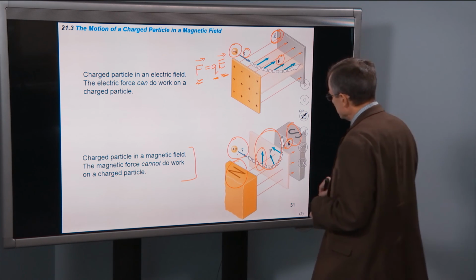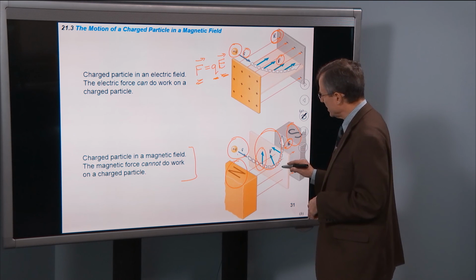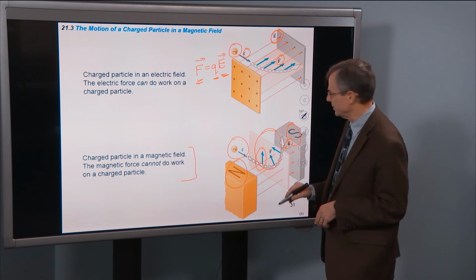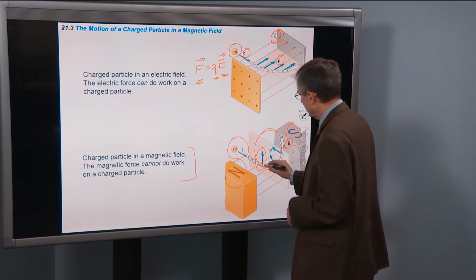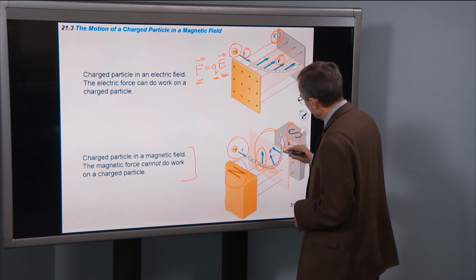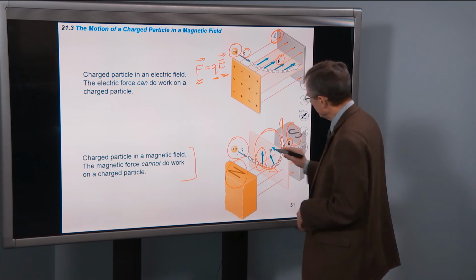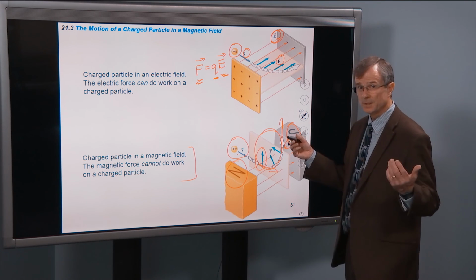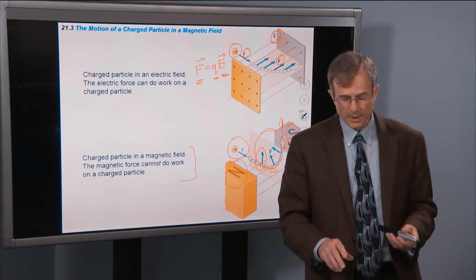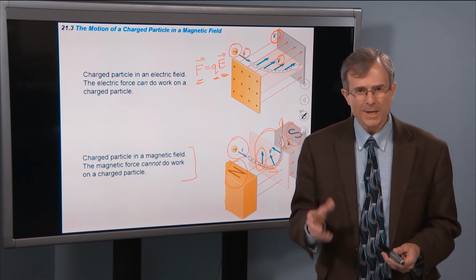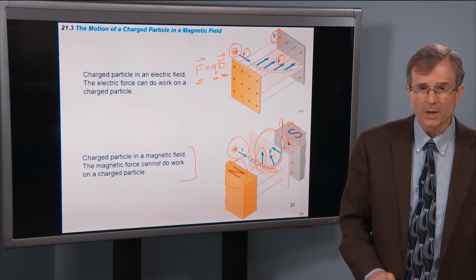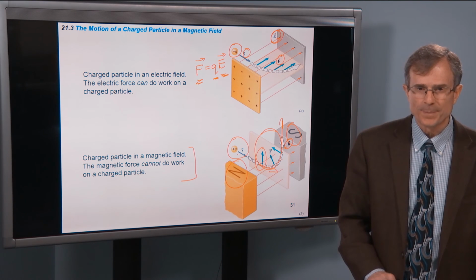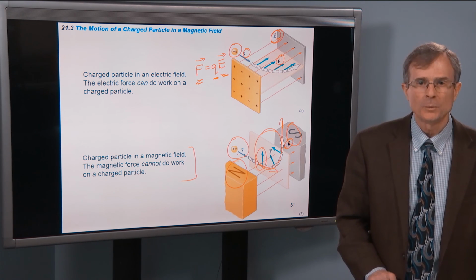In this case, the force and the velocity are always perpendicular to each other. Here the velocity is in this direction and the force is up. Here the velocity is up and the force is horizontal. They're still at a right angle with each other. So you can't change the speed of a charged particle using a magnetic field. You can with an electric field.